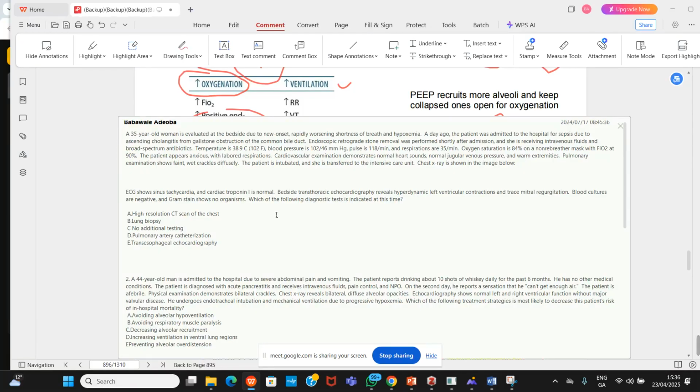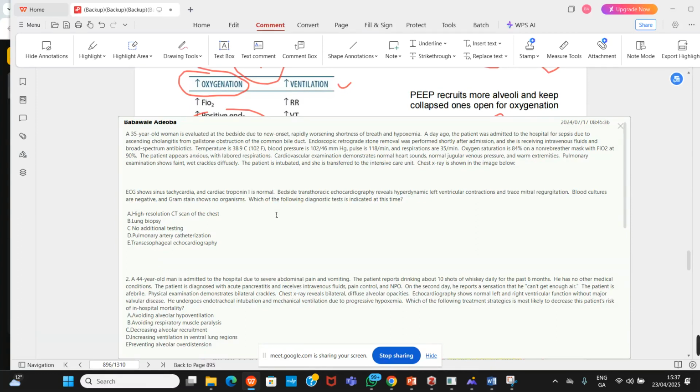The patient is afebrile. Physical examination shows bilateral crackles. Chest X-ray shows bilateral diffuse alveolar opacity. Echo shows normal left and right ventricular function without major valvular disease. He undergoes endotracheal intubation and mechanical ventilation due to progressive hypoxemia. Which of the following treatment strategies is most likely to decrease the patient's risk of in-hospital mortality?